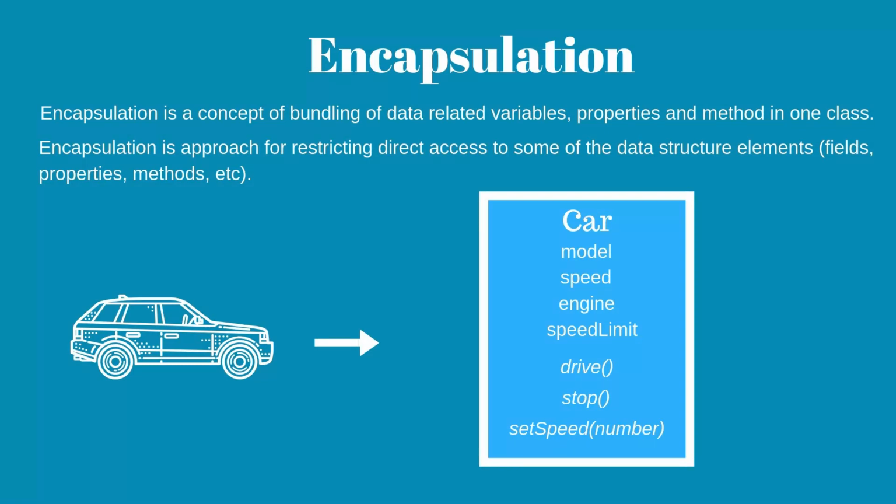We can summarize that encapsulation is bundling data and methods together in one class, and it also covers restricting direct access to some of the data structure elements. So in this video we have created a class and investigated issues when the user is able to access all its properties.